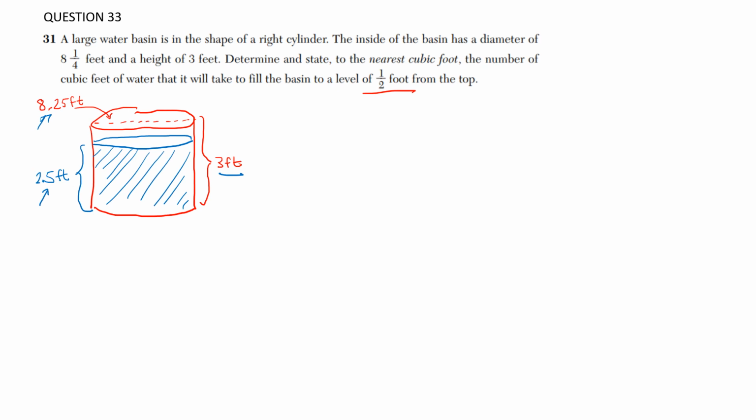So volume of a cylinder is pi r squared h. And 2.5 feet is our height. R is 8.25 divided by 2.